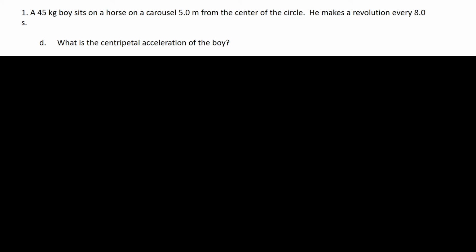What is the centripetal acceleration of the boy? Well, remember that our velocity was 3.9 meters per second. And our radius was 5 meters. And we straight up have an equation for this, right?